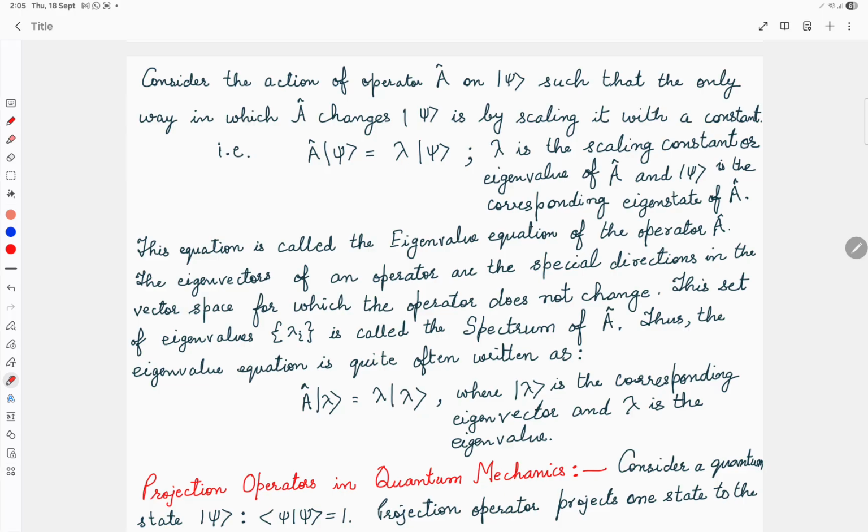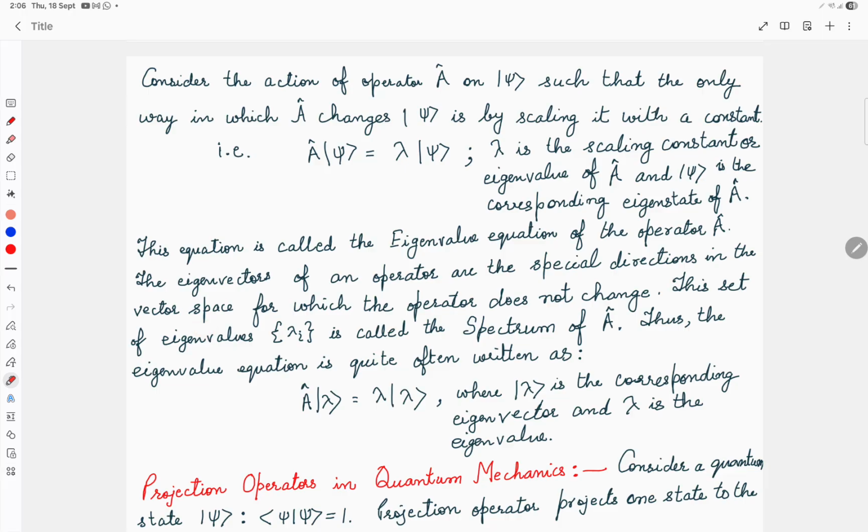The eigenvectors of an operator. Now what are eigenvectors? Because we will talk about eigenvalues and eigenvectors a lot in this course. The eigenvectors of an operator are the special directions in the vector space for which the operator does not change.